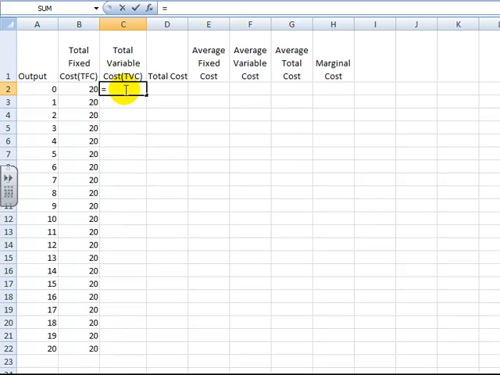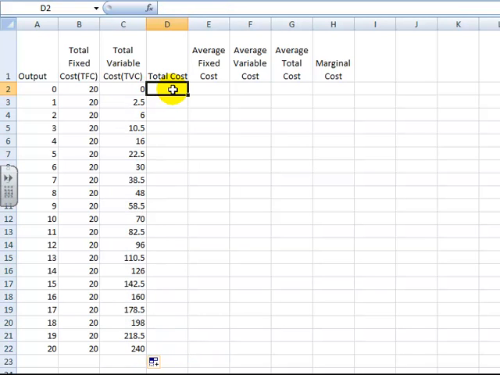Total variable cost equal to 2 times Q plus 0.5 times Q squared. Then total cost equal to total fixed cost plus total variable cost.